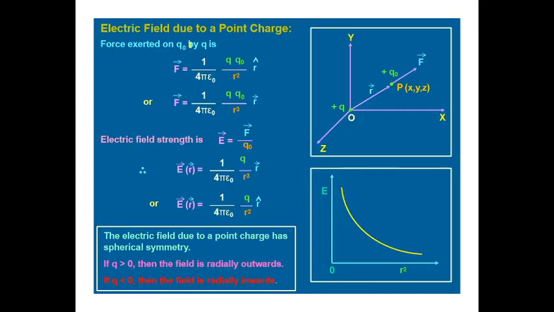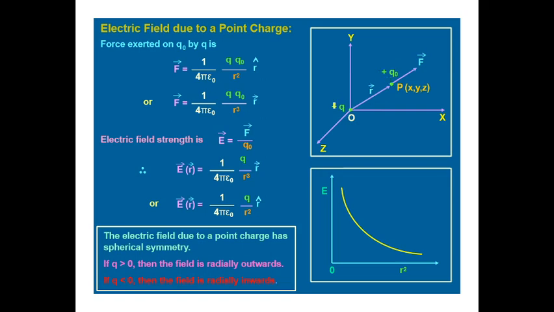Electric field due to a point charge. Consider a point charge Q at O, and we have to calculate the electric field at a point P due to this point charge. Then using Coulomb's law, the force of attraction or repulsion between these two are the same.